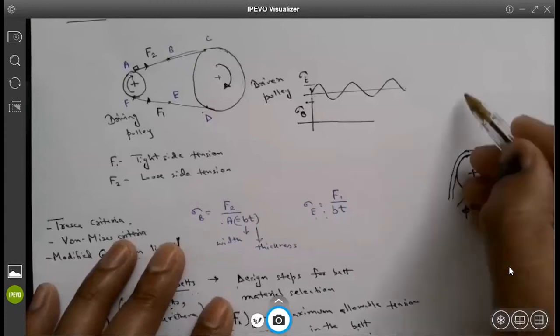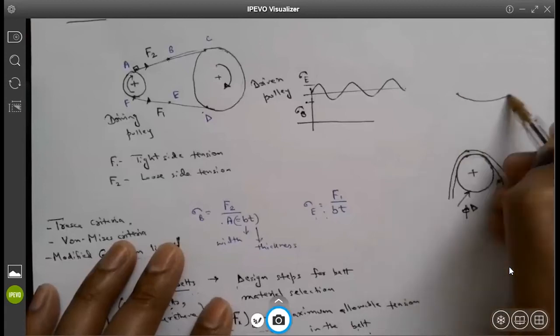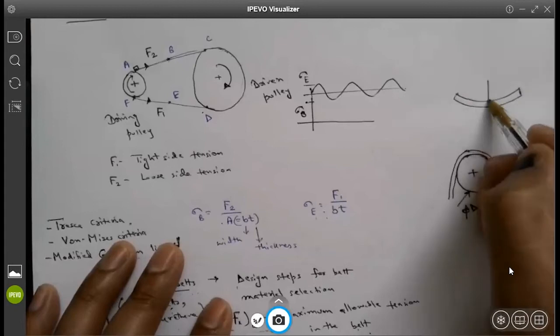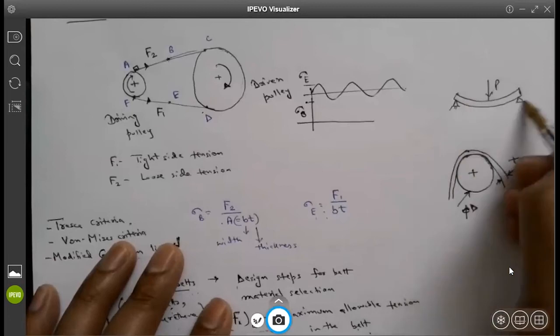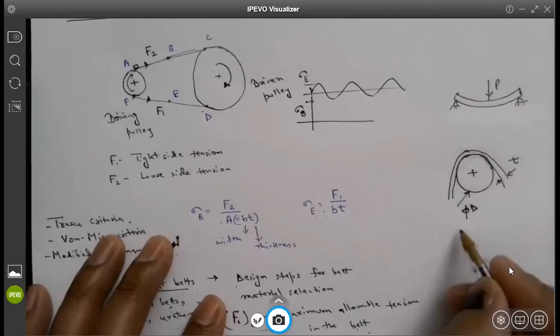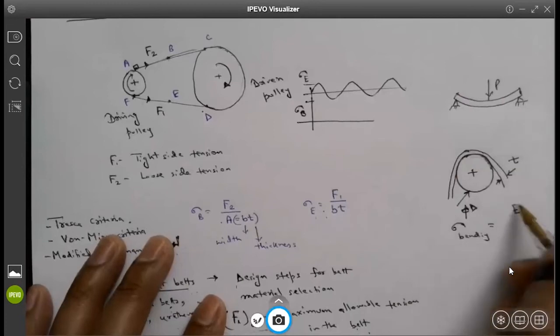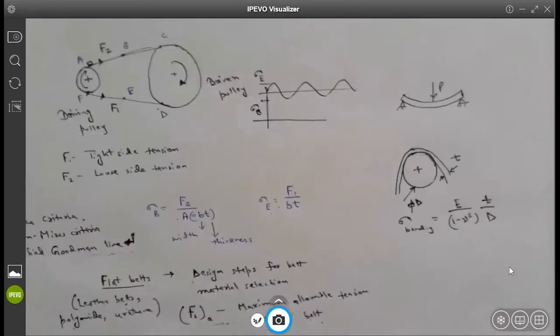So if you remember from the simple bending theory, you basically have the bending of a beam because of a specific amount of load, and because of this load there are additional bending stresses in the material, isn't it? And the same situation is happening here, and the amount of bending stress is given by this expression, which is Young's modulus divided by 1 minus Poisson's ratio squared, times thickness divided by capital D. D is basically the diameter of the pulley.